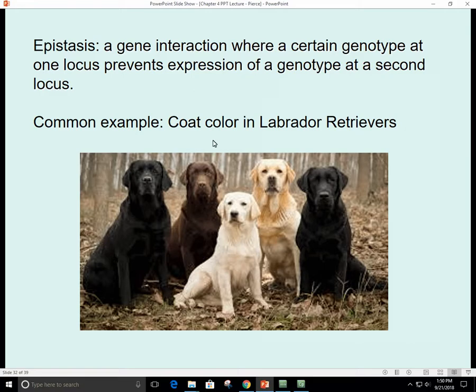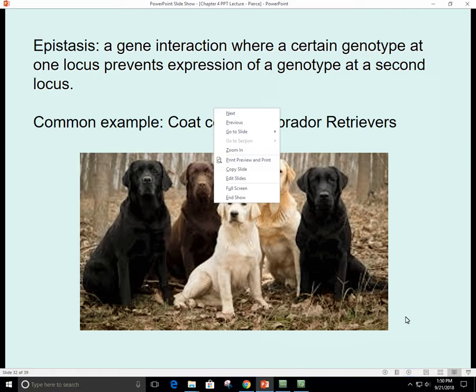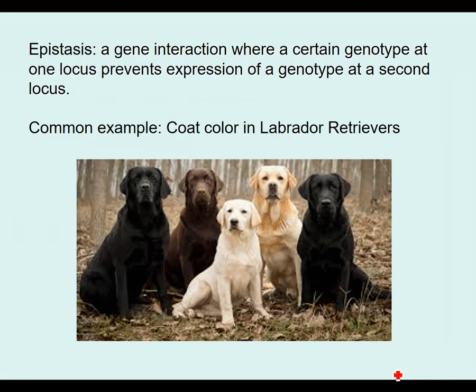So for example, let me see if I can get a pen here. Okay, so very much like the example with the peppers, remember the red and the cream peppers, the Labrador Retrievers would have two different genes, at least two different genes, although now we think there's probably more than two.